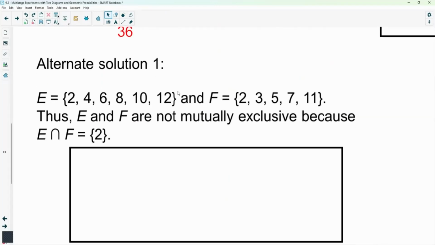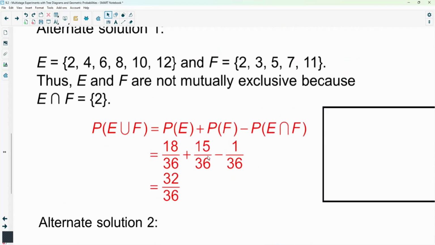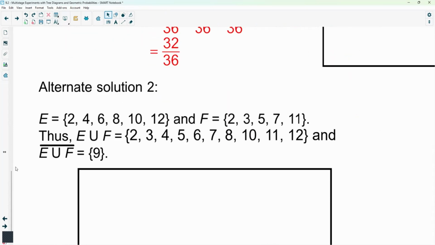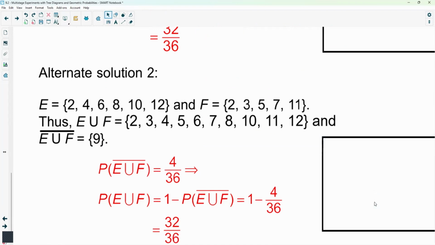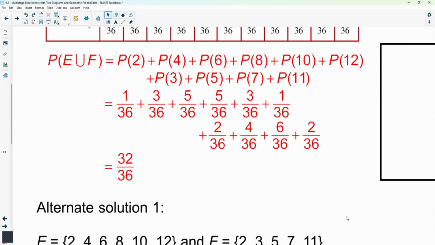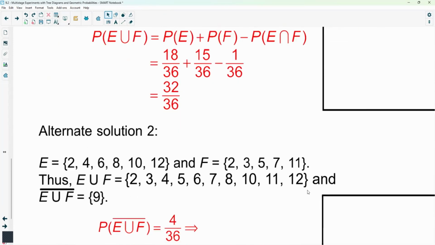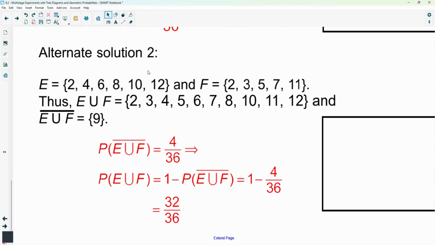Or, again, you can use the non-mutually exclusive formula. So you add the probability of even, the probability of prime, and then subtract what they have in common, because they have 2 in common. Or, like I was saying, you can find the complement of the probability of 9, and that will give you the same thing. So you see there are 3 ways to do this problem, and they're all correct, right? So in the test and in the homework, you can use whichever one of the 3.